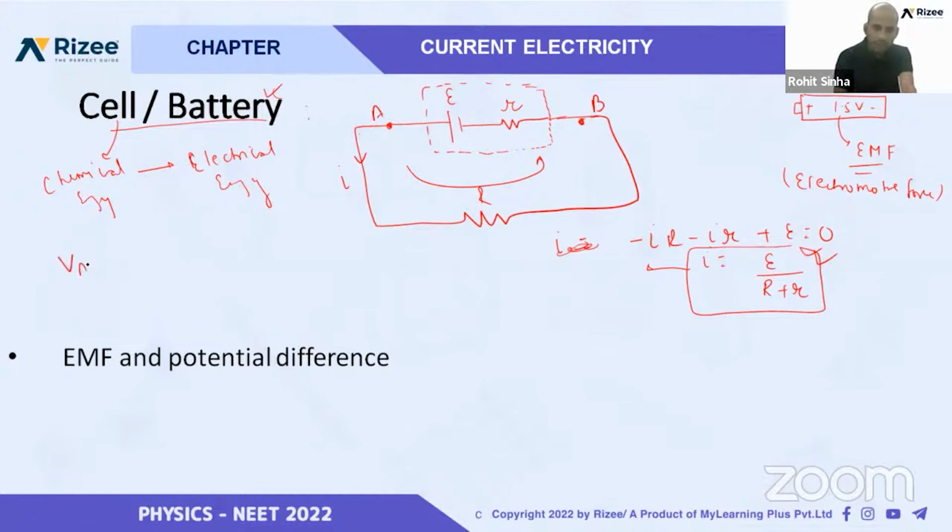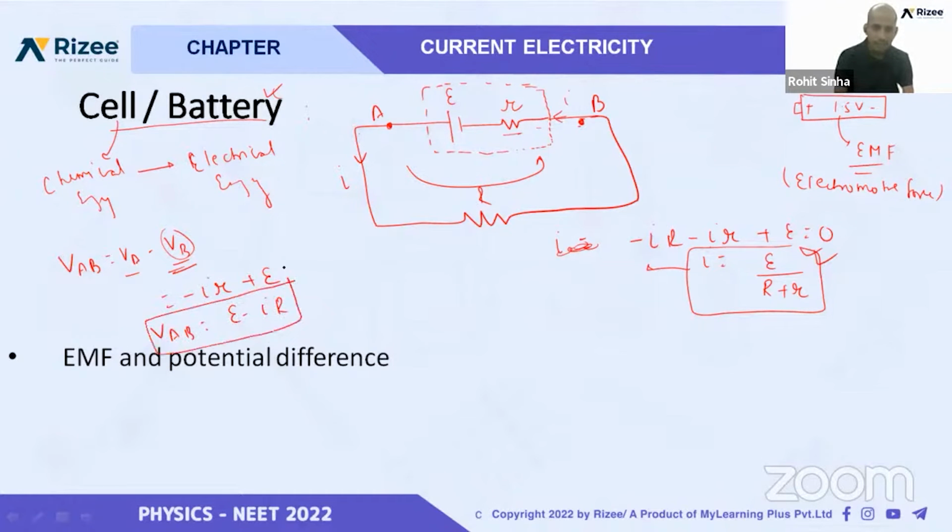To find VAB, which is VA minus VB, I have told you in the previous lecture that whenever we have to find potential difference, we start from B and reach A. Starting from B here, current is flowing through this path, so we can say minus Ir plus E. So VAB is equal to E minus Ir.